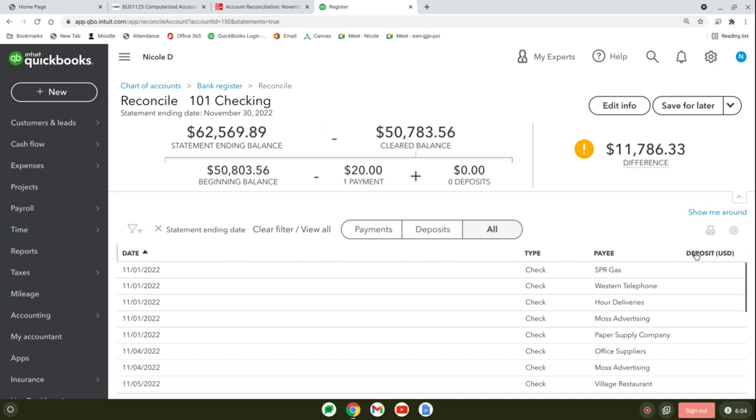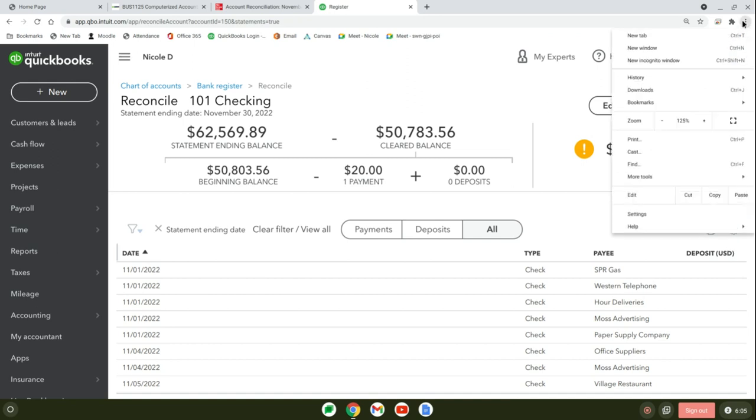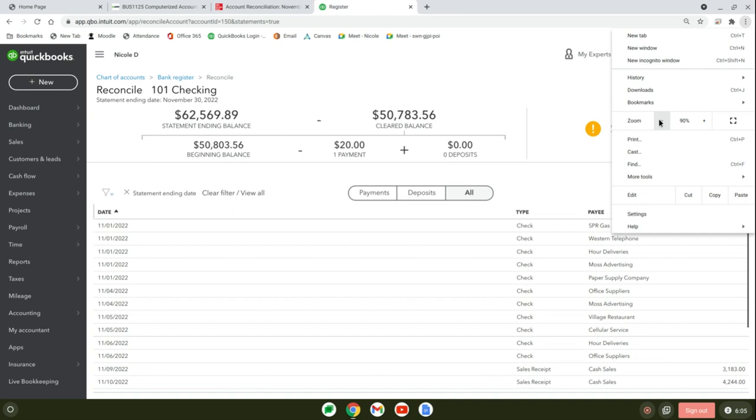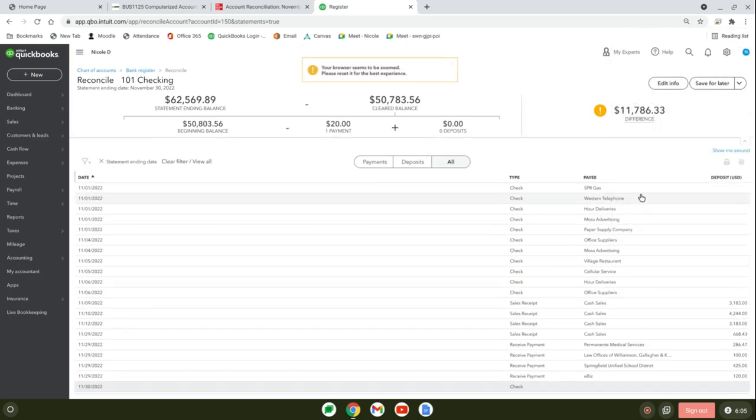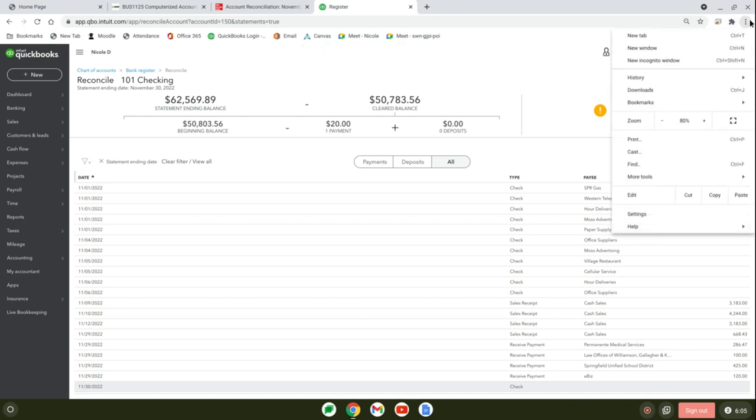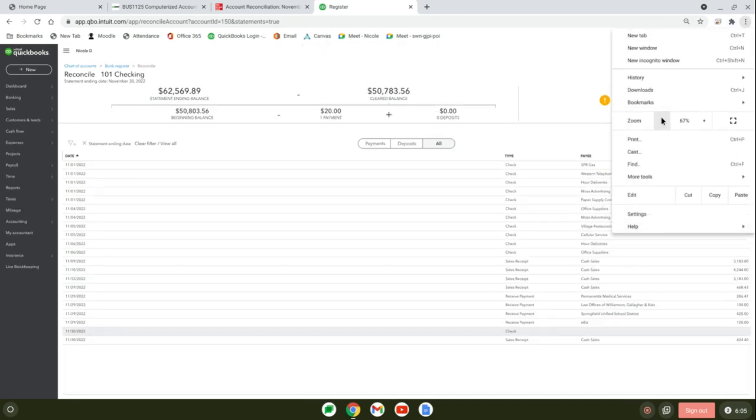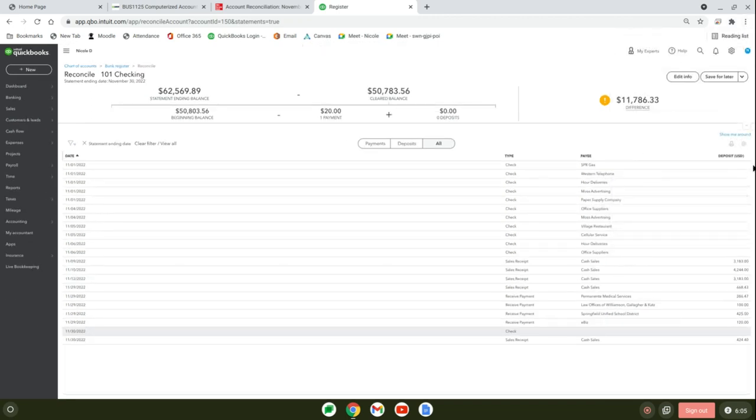It's not letting me do anything here. Hold on. I think I have to go to the right a little. Okay, there we go. I couldn't see the whole screen. Oh, I still need to go down a little bit more. All right.